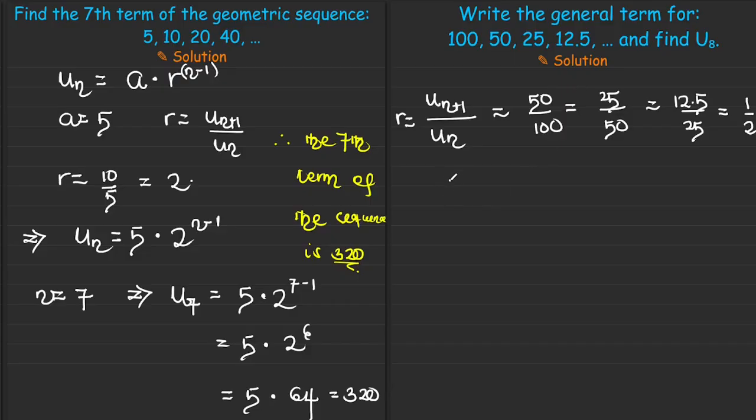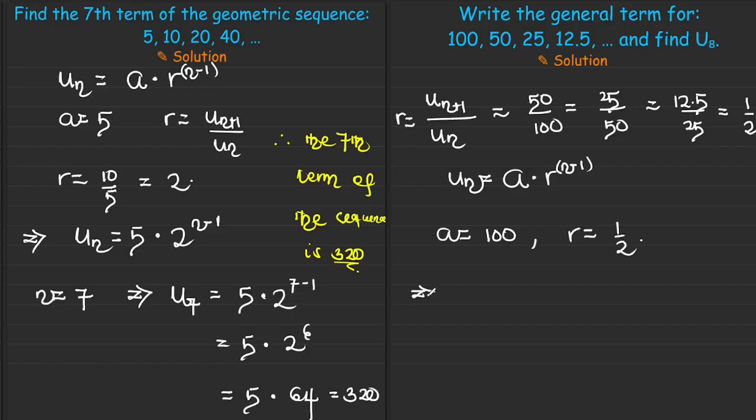Hence the general term Un is going to be given by A times R to the power n minus 1. And by observation, we know our A is 100. And we have solved for our R to be what? 1 over 2.